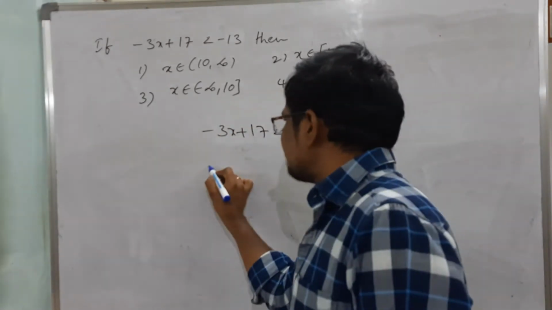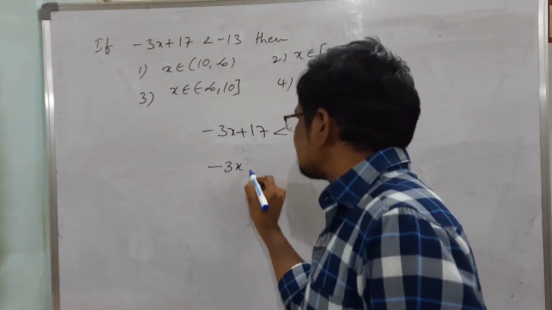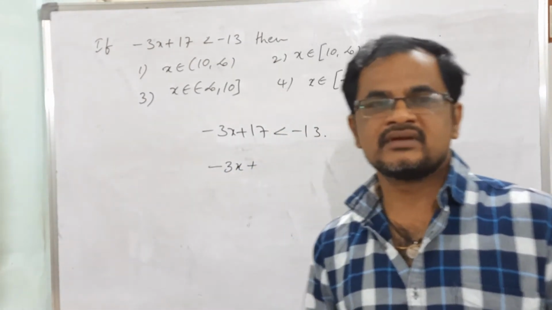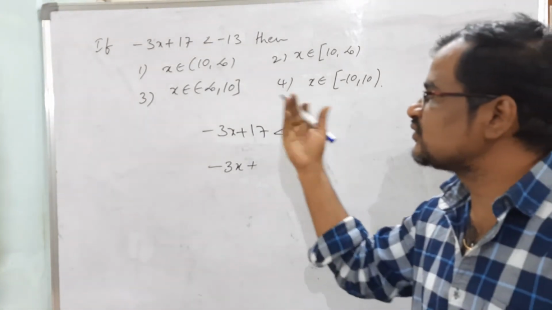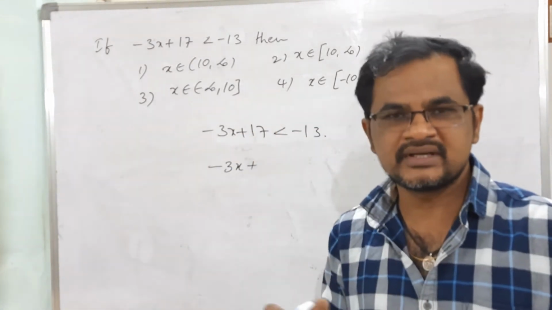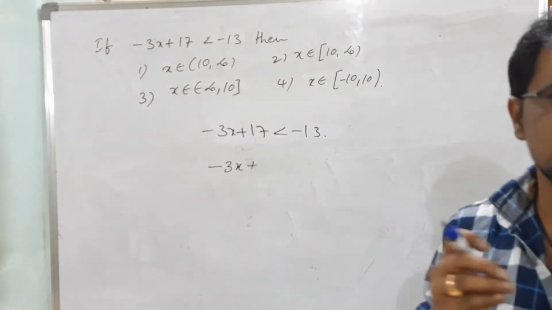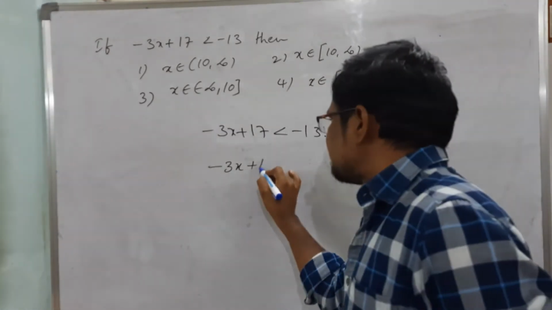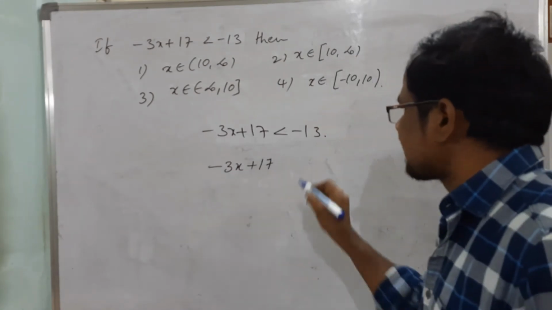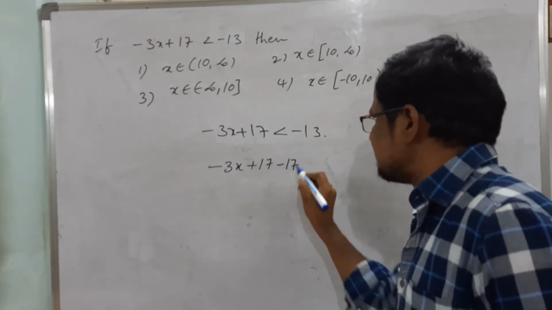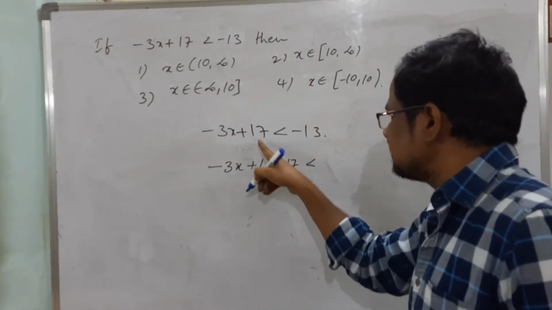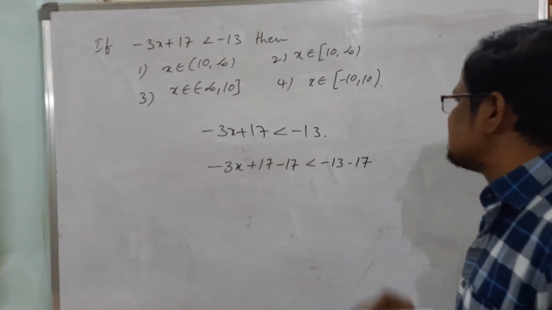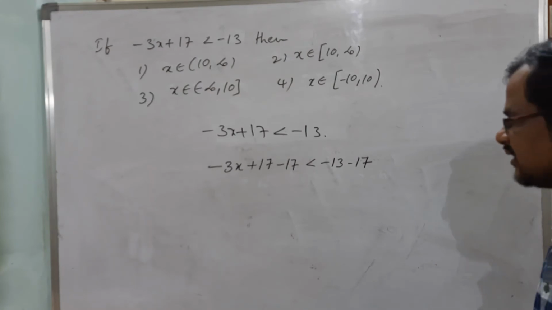So what we have to do: minus 3x plus 17. I already told you for any chapter, before watching this video, once prepare the problems in the NCERT textbook. So minus 3x plus 17 less than minus 13; subtract 17 on both sides.